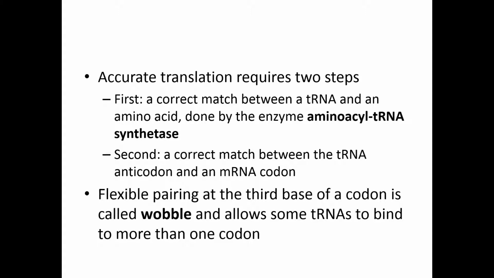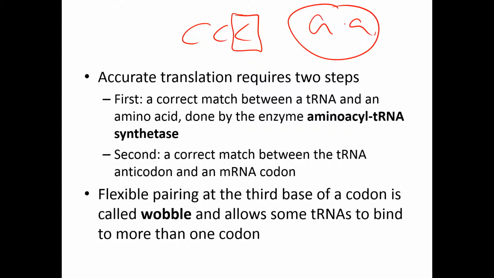For instance, this particular codon sequence corresponds to a specific amino acid, and you can alter the third nucleotide in that triplet code to another RNA nucleotide, like an adenine or a uracil or a guanine, and you get the same amino acid.